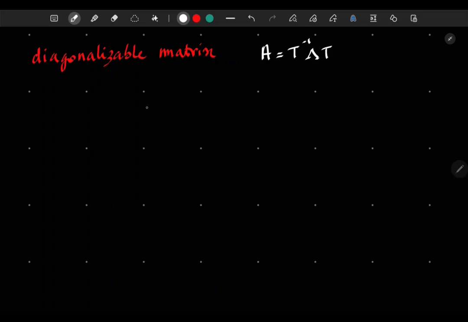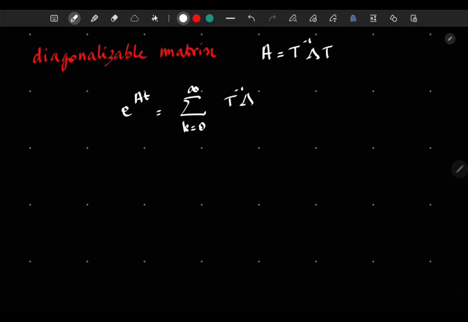So e to the At now will be the sum, through our Taylor series, for k that goes from 0 to infinity of (T to the minus 1 lambda T) to the kth power, over k factorial.